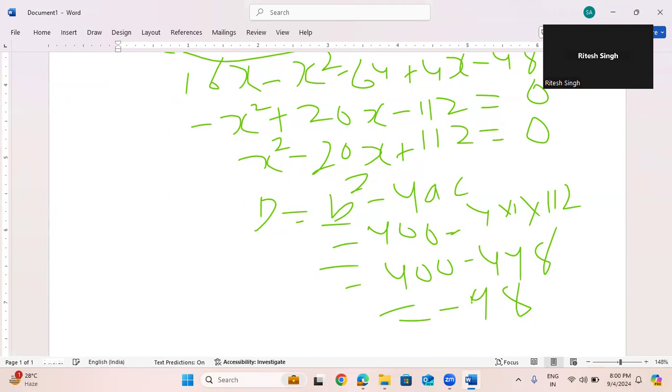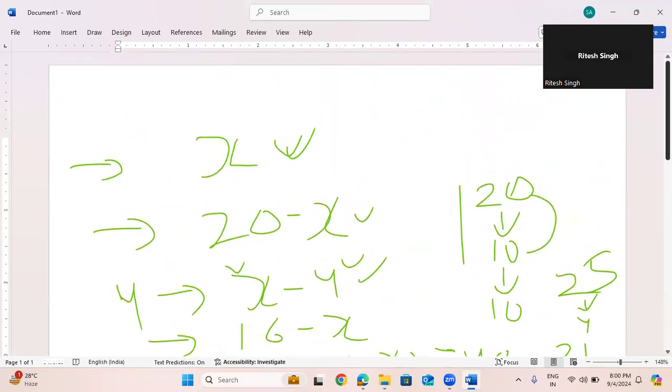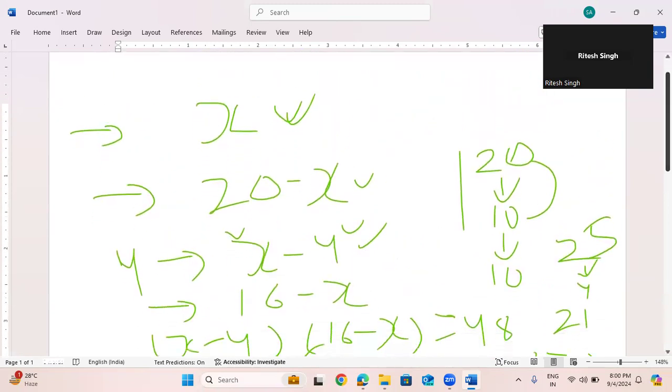So we know if the value of D is negative, then no real root exists. No real root exists in case the value of D is less than 0. So in fact, we cannot solve this question, or we say there are no such ages which will satisfy this question.